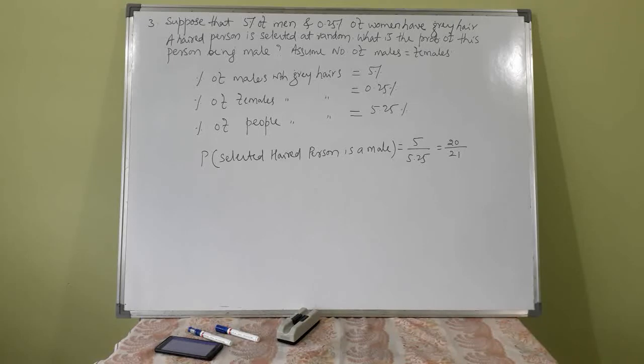That of females is 0.25%. So total percent of people with grey hair is 5.25. So the selected grey haired person is male means 5 divided by total, that is 20 by 21. So this is a direct question based on the definition of probability. That's all.